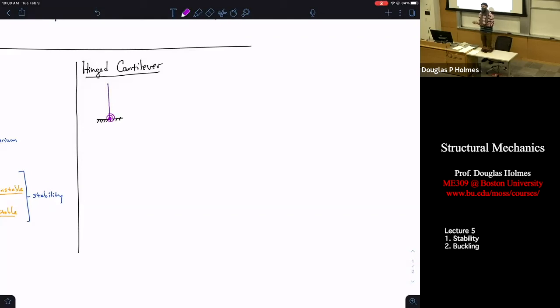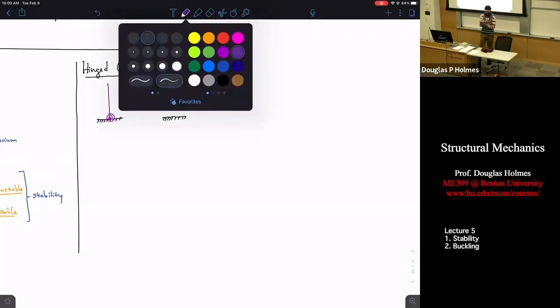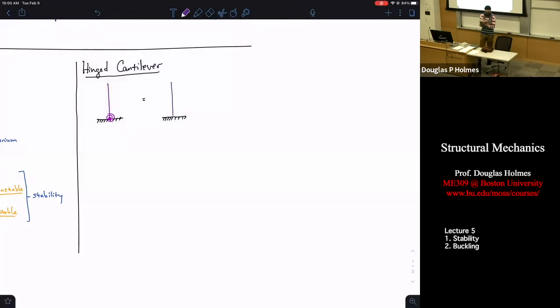If you have a hard time imagining what a rotational spring is, you could equivalently draw it like this. So we have a rigid bar on a pin, and you can imagine a spring kind of there that's restricting its deflection.